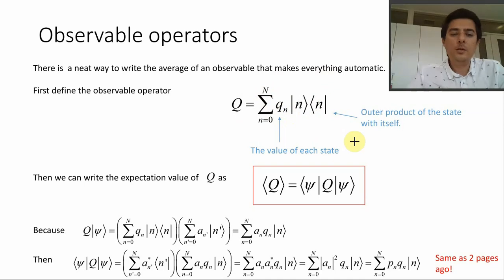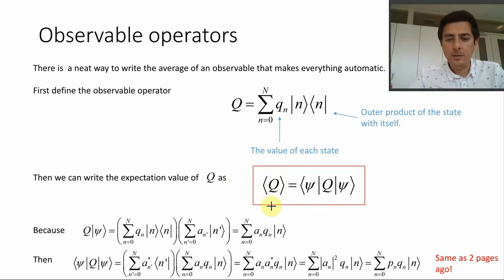Okay, so once we've written it like that, a way that we can actually calculate the expectation value or the average value of this Q is actually just in this red box. So it looks really simple.